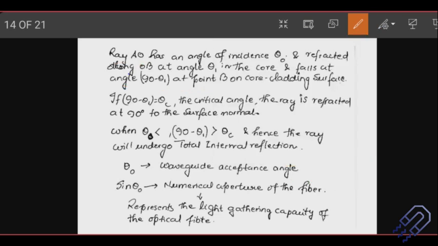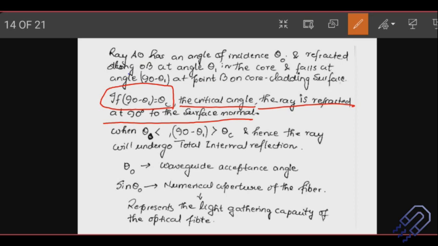Let's rub this, it looks too bad. So this is the core cladding surface. So this 90 minus theta 1 will actually represent the critical angle. The critical angle is nothing but the angle at which the ray is refracted at 90 degrees to the surface normal.